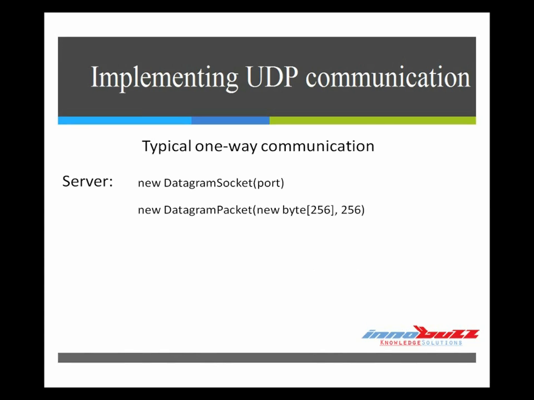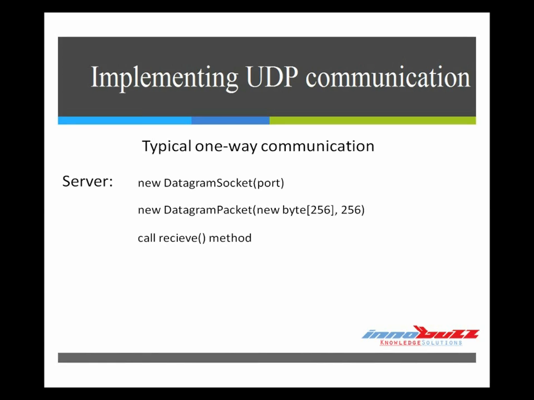So this is the byte array and we give the length of it. We call the receive method of the datagram socket instance and set the created datagram packet as its argument. If the client sends a message to this server on this port, this datagram packet will contain the message.